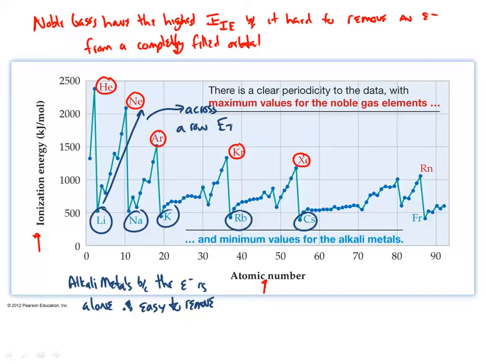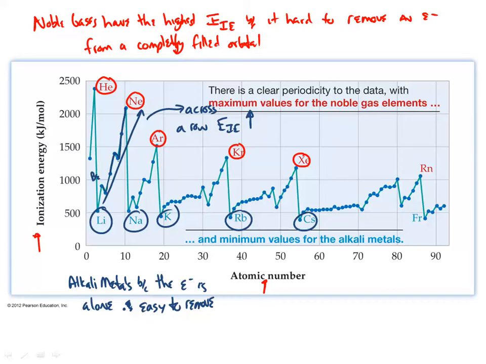the ionization energy is increasing. But it's kind of funny because you get these little blips. For instance, if we take a look at lithium, that's beryllium next to it, and then there's a little drop down, and then it goes a couple more elements and a little drop down, and then it goes up a couple.